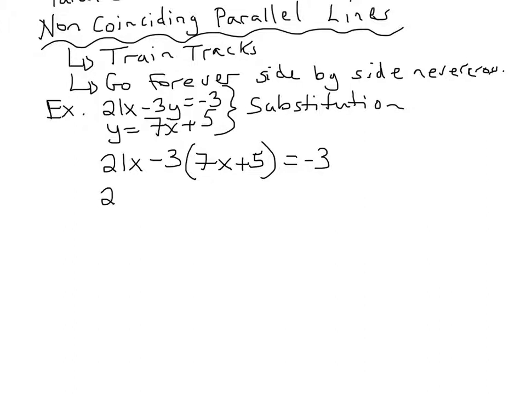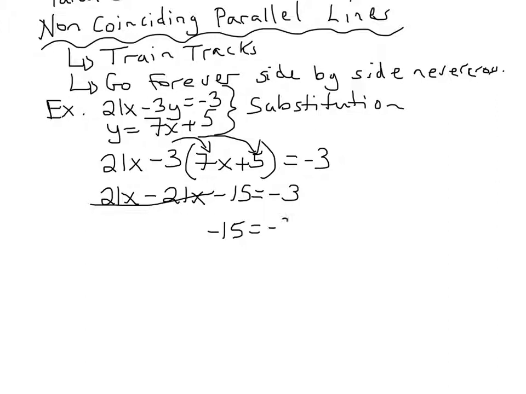We have 21x, and I multiply negative 3 by 7x, which is negative 21x, and negative 3 by positive 5, which is minus 15, equals negative 3. 21x minus 21x is 0x. So I have negative 15 equals negative 3.